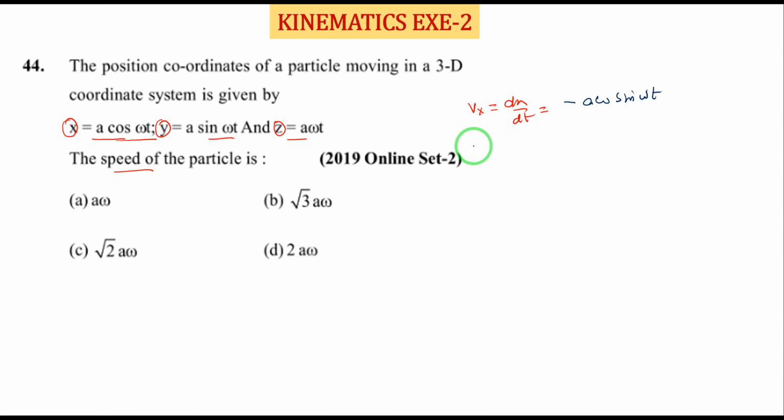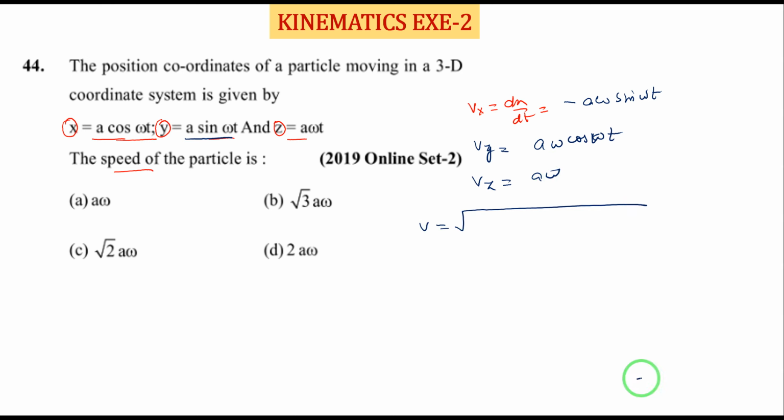Likewise, what about vy? It will be a omega cos omega t. Look, sin omega t is here, and vz, the velocity on the z-axis, is a omega only. Now the speed will be given as root under vx square plus vy square plus vz square.